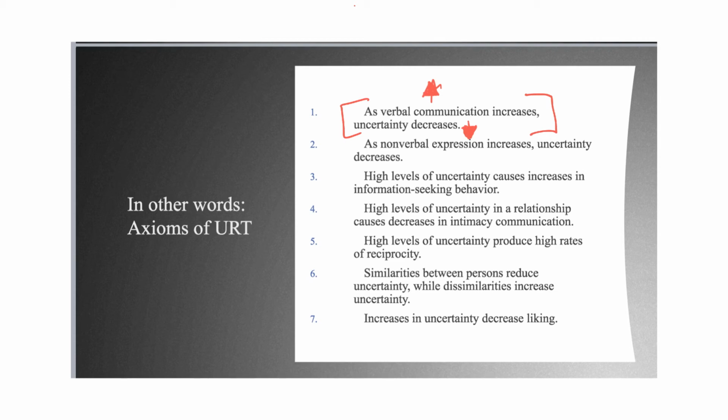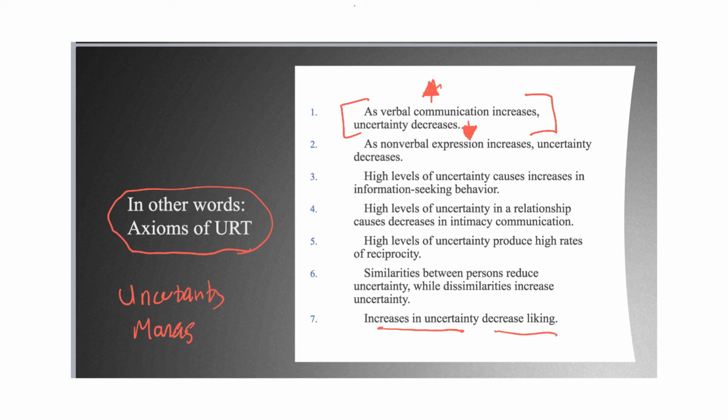So certainly as verbal communication increases, uncertainty doesn't necessarily decrease. And increases in uncertainty don't necessarily decrease liking either. Some people really like the mysterious person you don't know a lot about and enjoy not knowing things about them. So if we go off the rails a little bit and talk about more theories, just a quick taste here, there's another theory called uncertainty management theory.